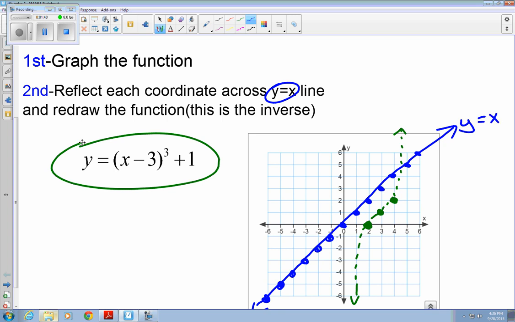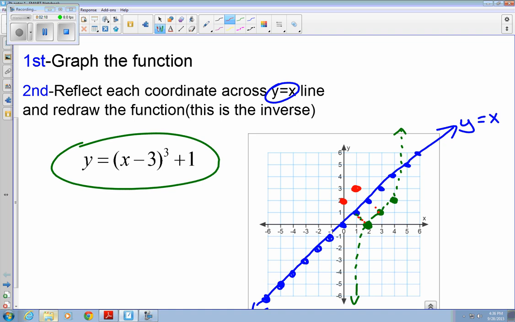By doing this, we look at the distance away from y equals x. So (2, 0), if we reflect it across the line y equals x, will become (0, 2). Let me put this in a different color. It will become (0, 2). (3, 1), if we reflect that across the line, will become (1, 3).